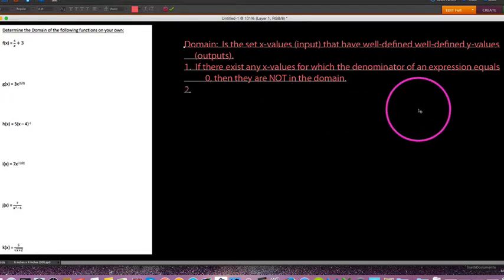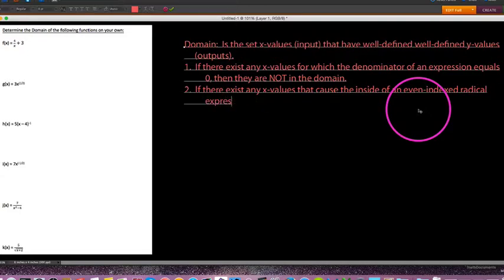The second possible instance is this: if there exist any x values that cause the inside of an even indexed radical expression to be negative, then they are not in the domain.